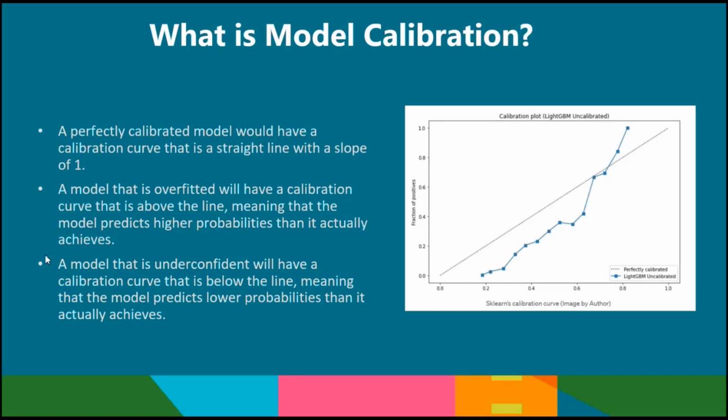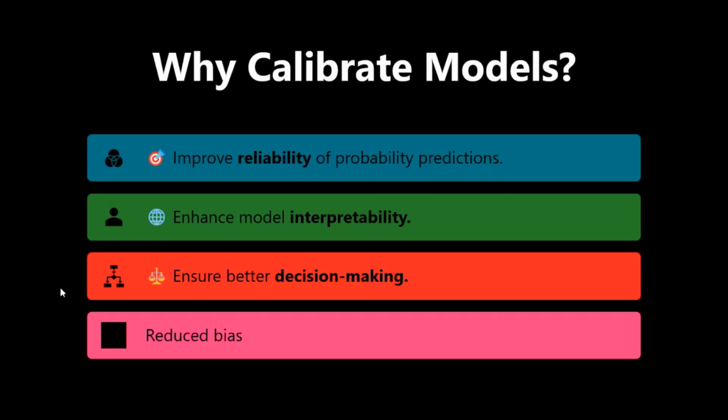For a well-calibrated model, we need the line to be around a straight line with a slope of 1. It cannot be a perfectly straight line always with LLMs, but we need an approximate straight line. So why do we calibrate models?